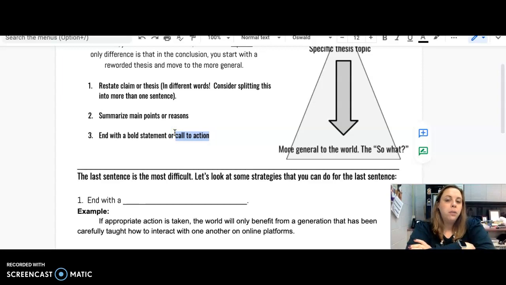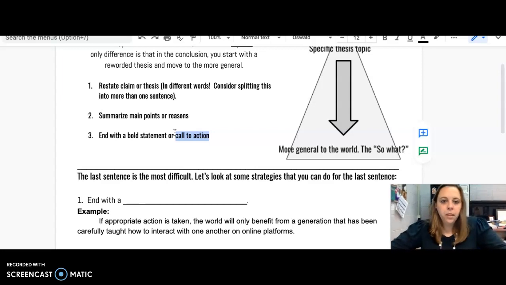Now, call to action applies more to argumentative. That means that you're actually going to be asking your audience to do something or to believe in something. But it's possible that if you have covered a really important topic, so let's say that you were talking about global warming, you might end with a call to action where you're asking your audience to see what differences they can make in their own life that will contribute to improving global warming.